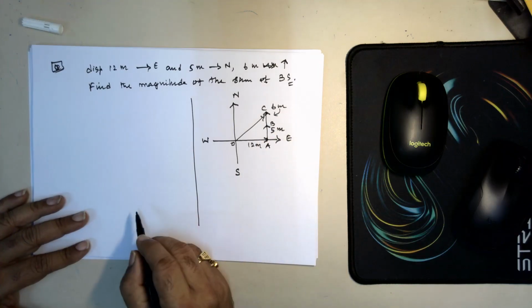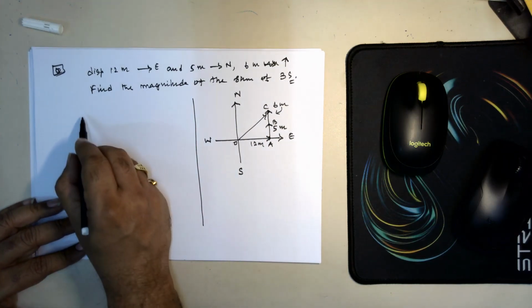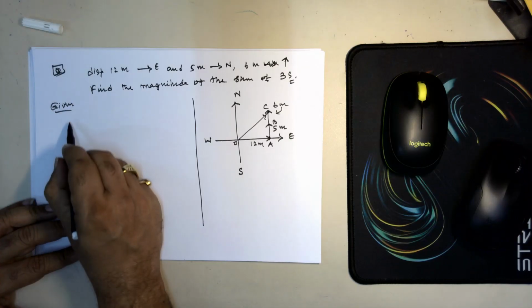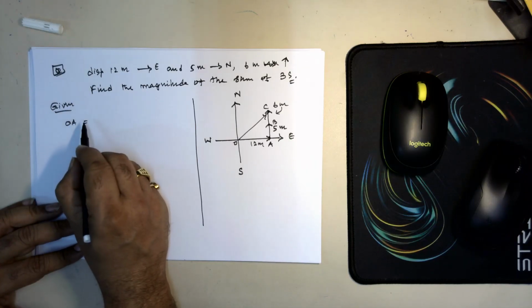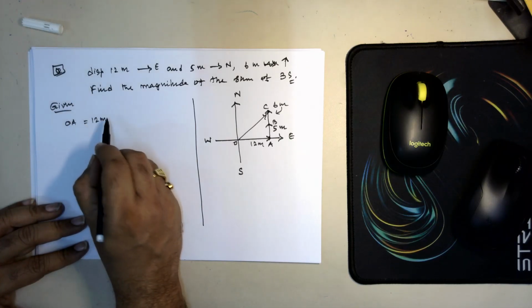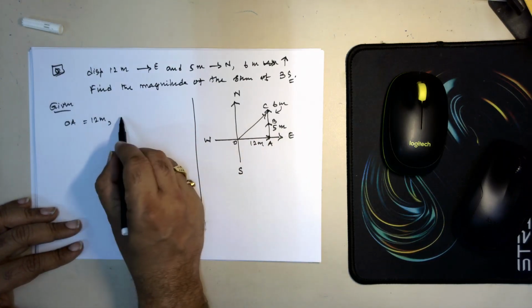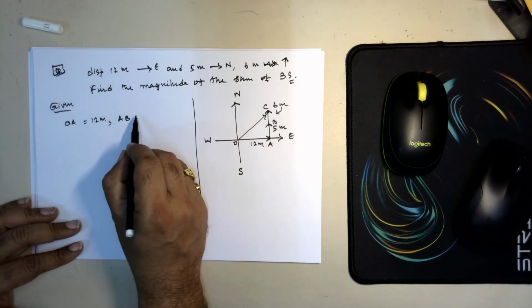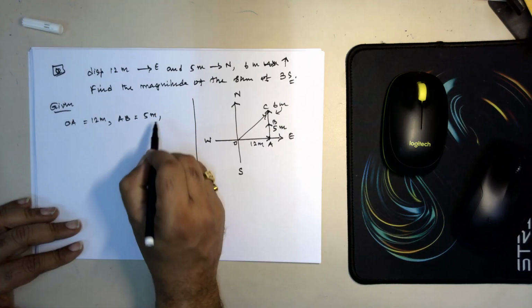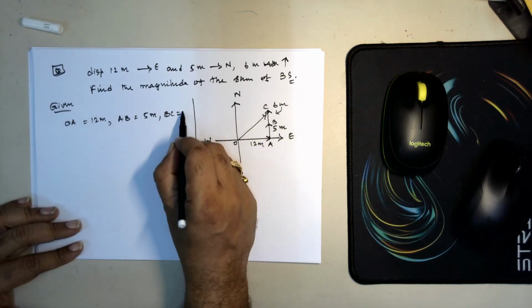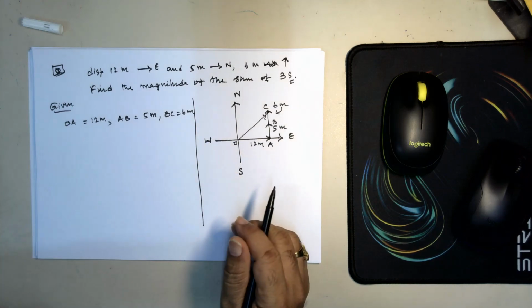So what is OA here? OA is 12 meter. And AB is 5 meter. BC again 6 meter, right?